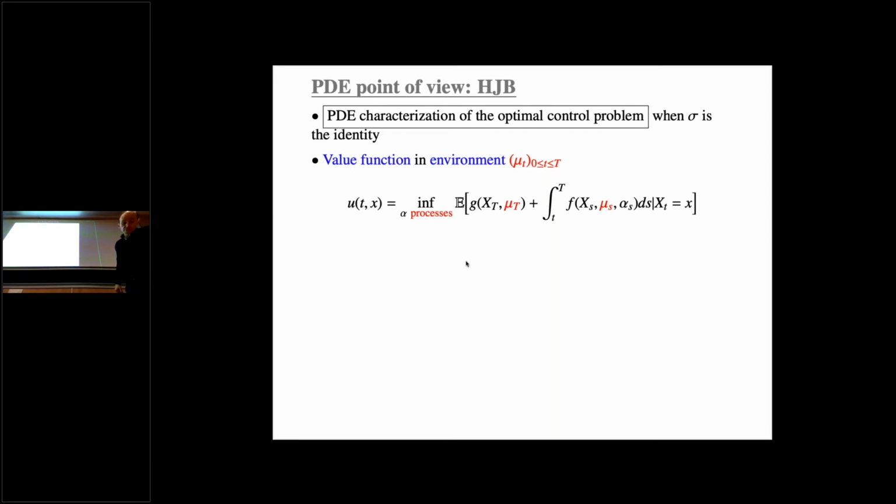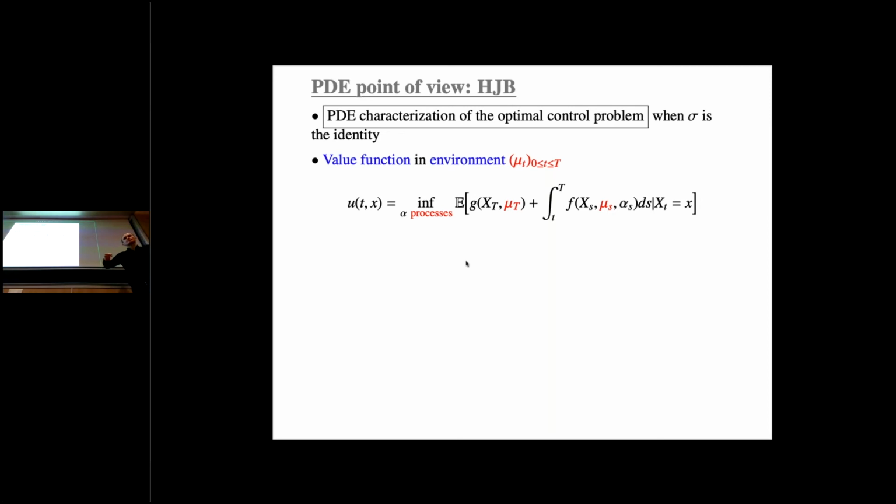So if you don't know that much stochastic control, let me make the following reminder. When you have a stochastic control problem, there are two strategies. The first one is the probabilistic point of view, which would be a kind of Lagrangian point of view.